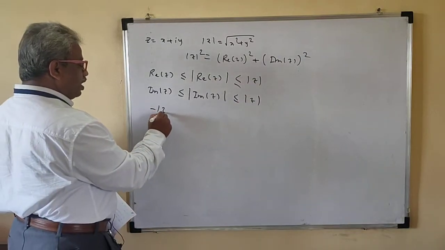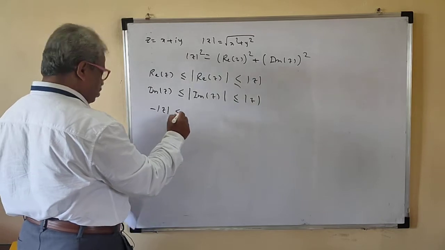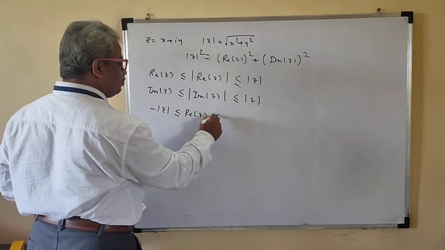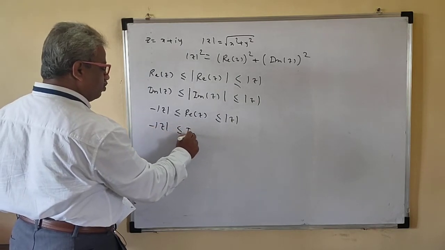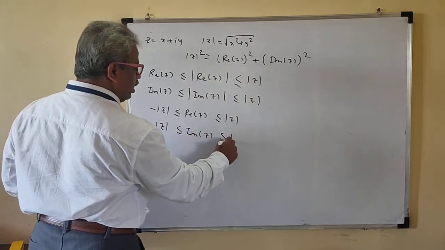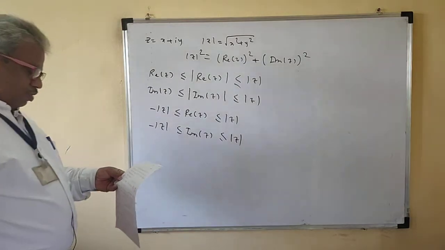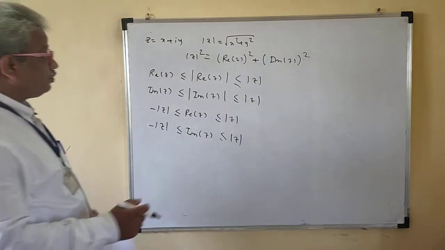You should also remember that −mod z is less than or equal to the real part of z, which is less than or equal to mod z. Same thing for the imaginary part. Remember this identity.